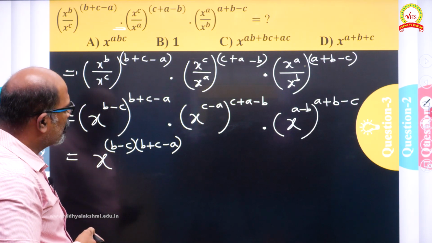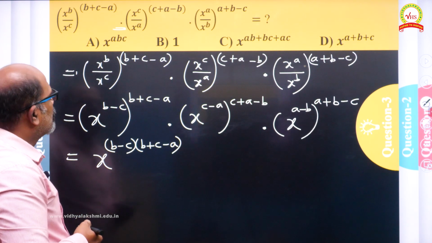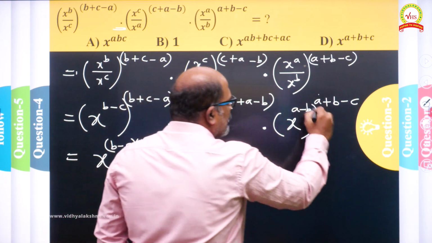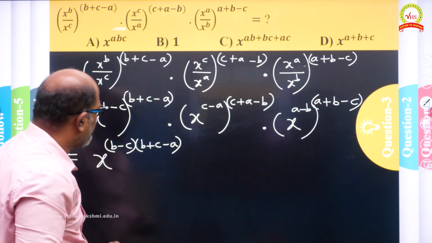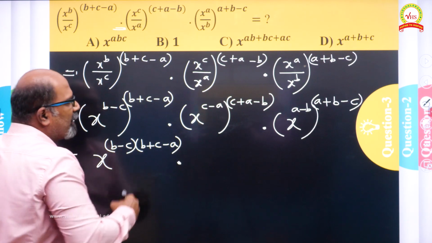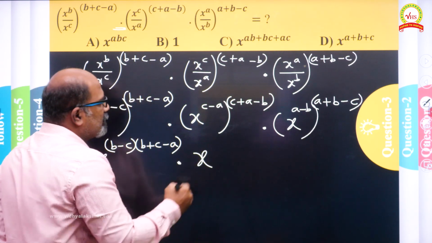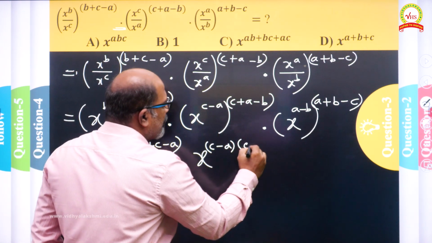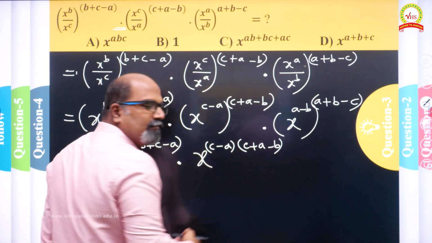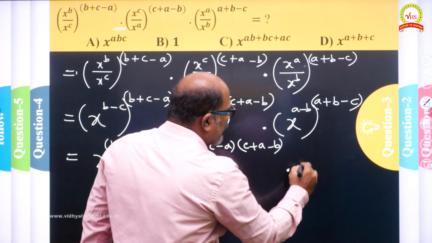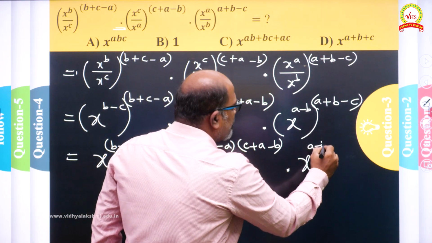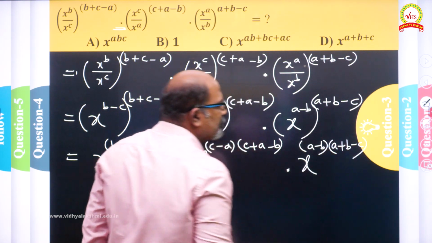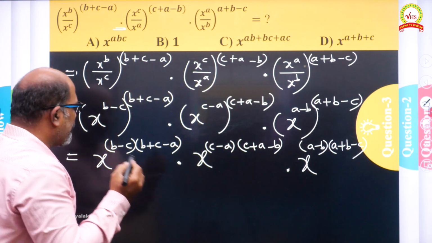Okay? Good. Then it is better to have the brackets here because we should not leave that bracket. Yeah, bracket is very important. Followed by x to the power of c minus a into c plus a minus b. Then x to the power of a minus b into a plus b minus c. Okay, clear? So we applied that rule.